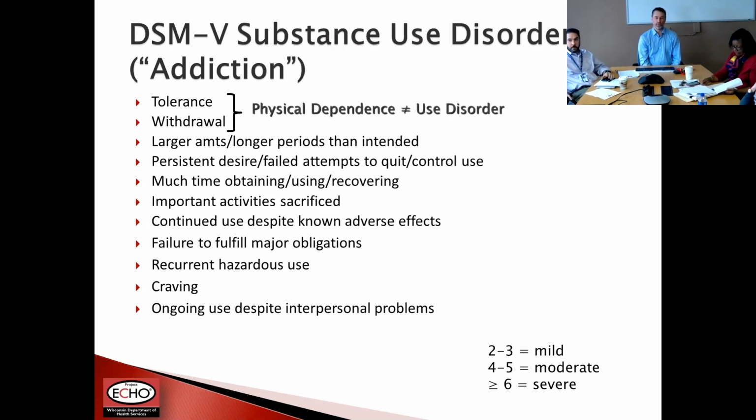One thing that's important to note, again, particularly, for example, in the setting of managing chronic pain with opioids, is that the stem of this definition involves maladaptive use. So maladaptive use resulting in repetitive consequences in more than one of these areas over time.